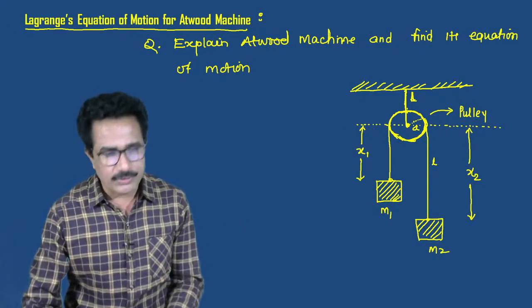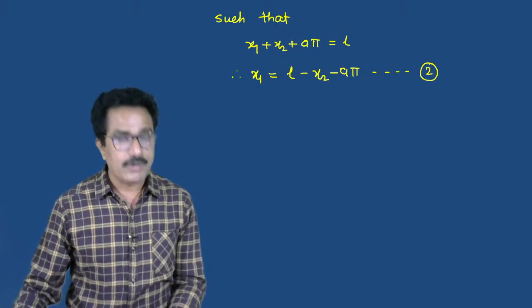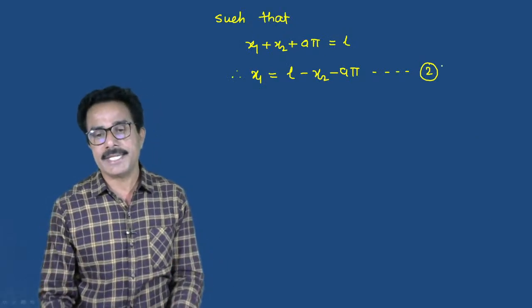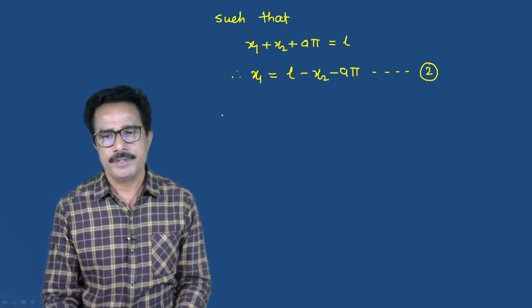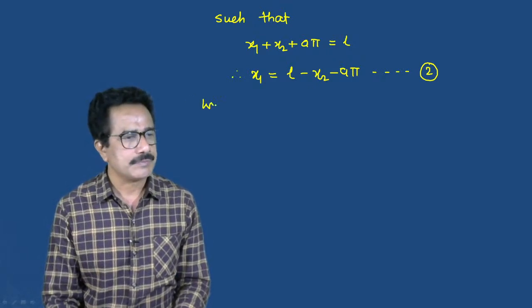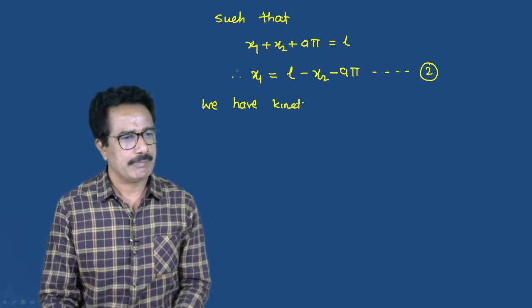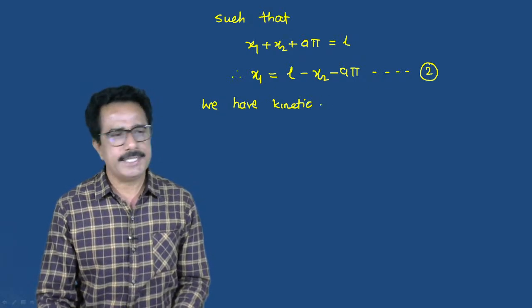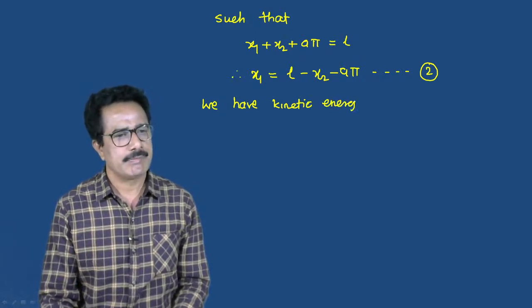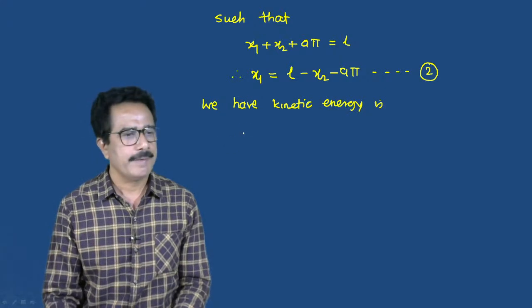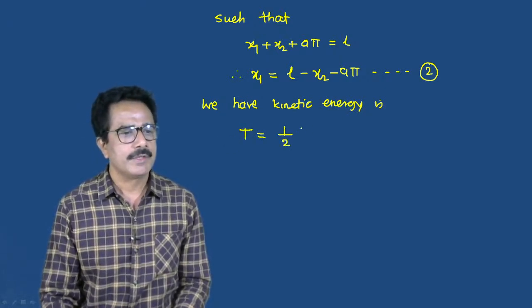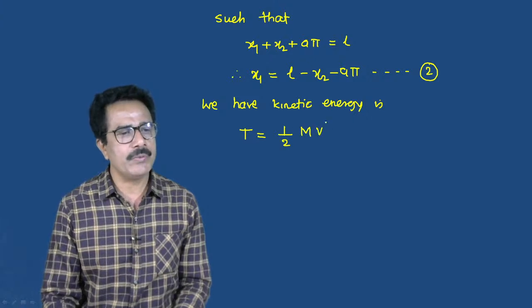Now we know this can be written as this. Now the equation of motion. The kinetic energy T is equal to 1 by 2 capital M into V square.